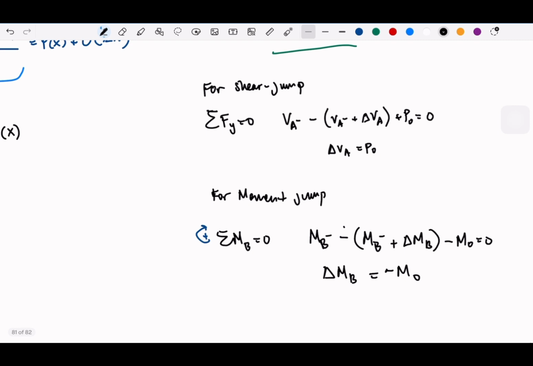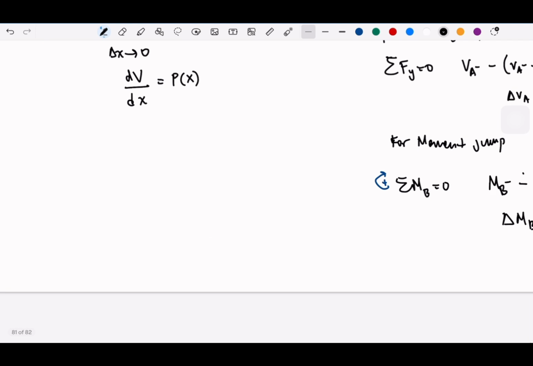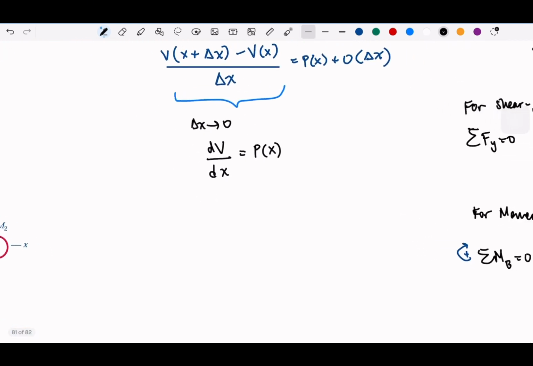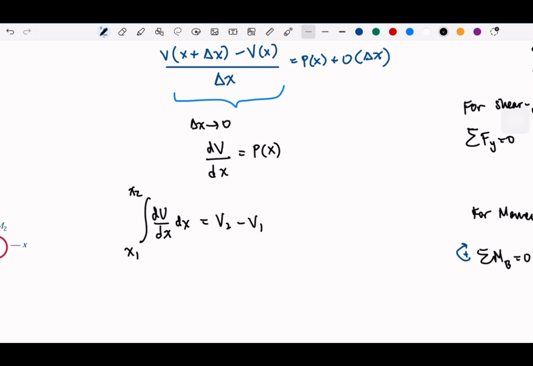So we can integrate the equation. For example, here we have dV/dx. We can integrate this and evaluate from x1 to x2. We are expecting to get V2 minus V1, which is the integration of P of x dx.